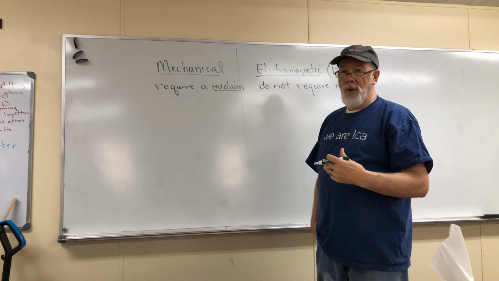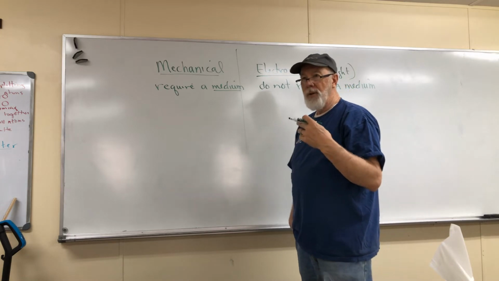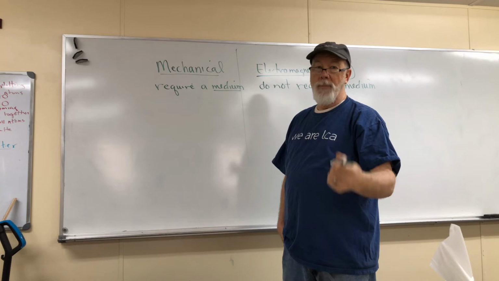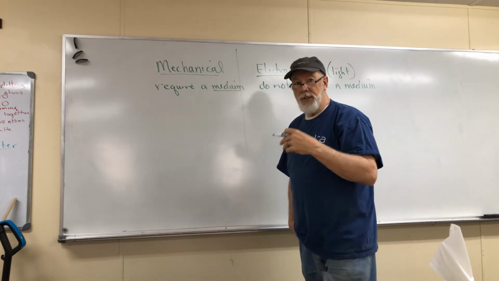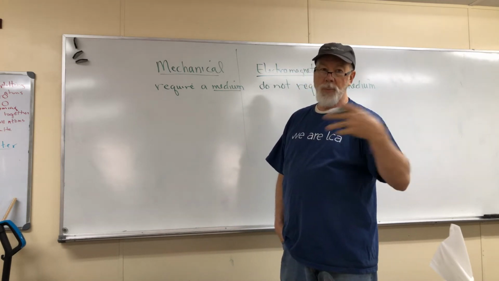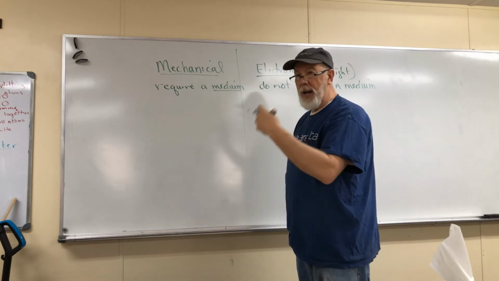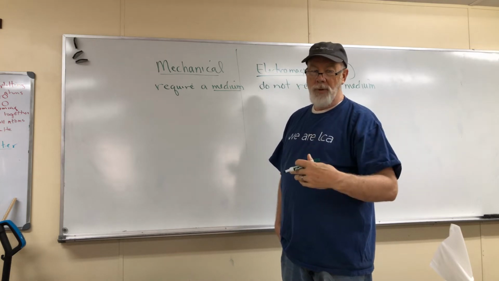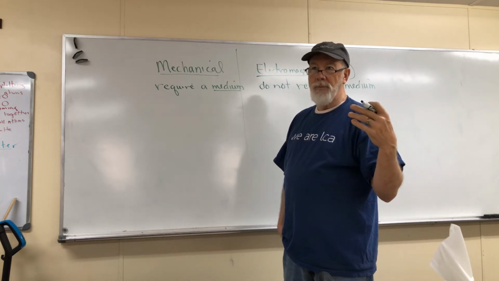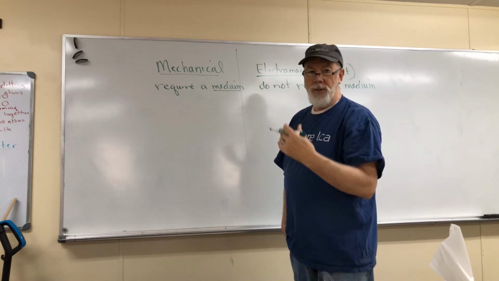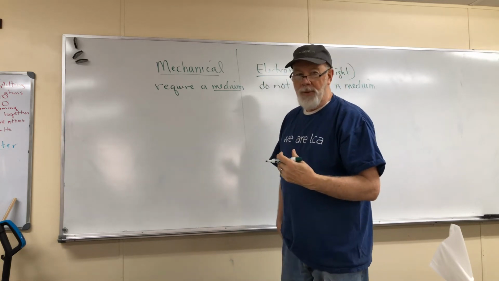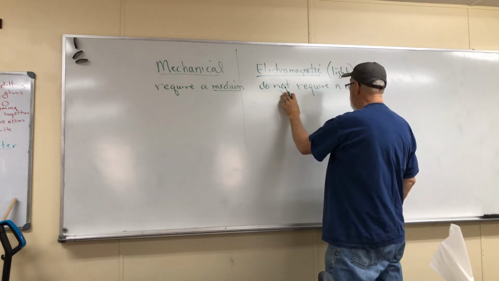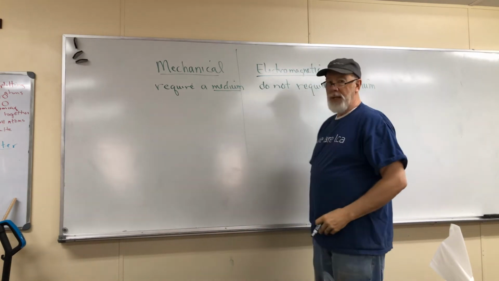Those waves, which include light and visible light, UV light, gamma radiation, all of those things travel through the void or emptiness of space and go through our Earth's atmosphere, but they do not require a medium to be able to travel. And they can travel from distant stars all the way to our planet without the presence of any kind of matter. And so these electromagnetic waves do not require a medium.